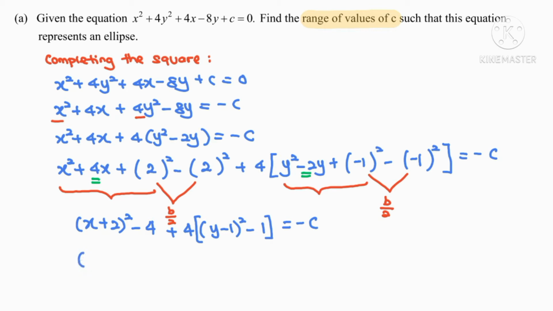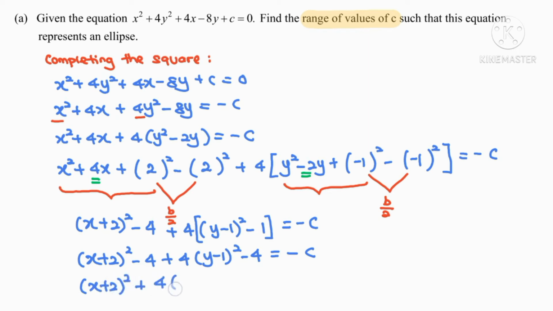Now rewrite the equation. Multiply 4 into the bracket. Let us simplify the equation. So we get x plus 2 squared plus 4 times y minus 1 squared equal to 8 minus c.